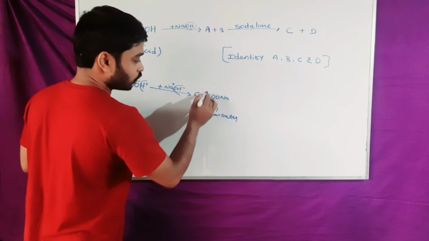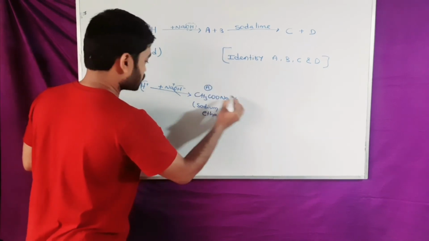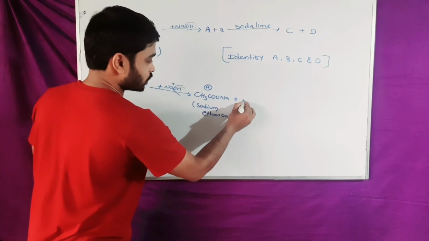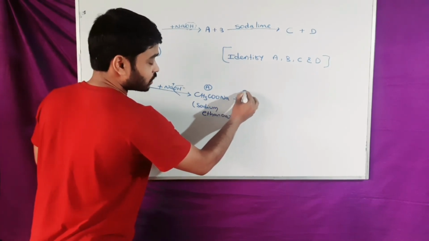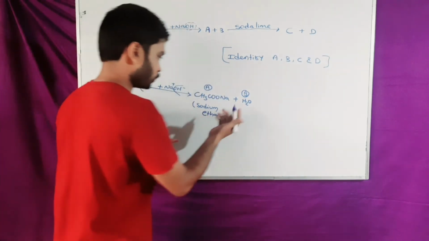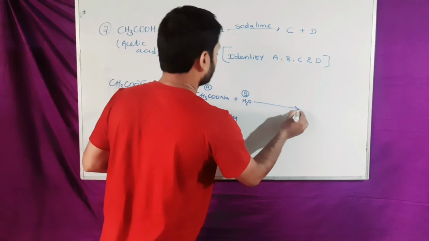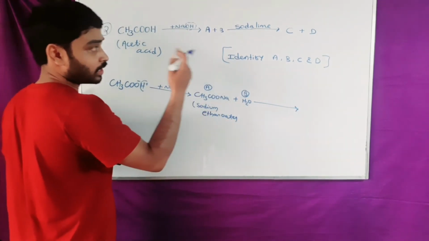The salt belongs to the A section here, plus the byproduct, that is water. This byproduct has no use for further reaction. That's why I initially told you not to write B, but if you are interested, write that. And the salt is the main product, which will react with soda lime.